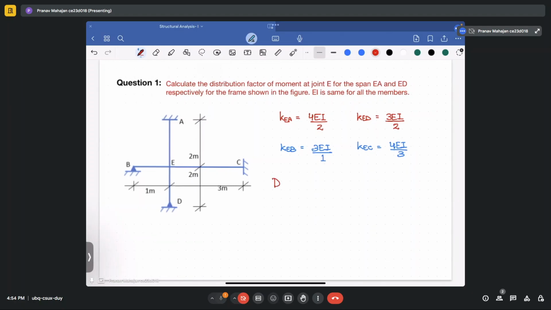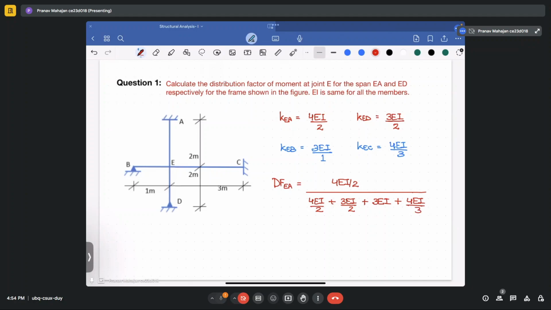So distribution factor for EA will be equal to KEA, 4EI upon 2, divided by 4EI upon 2 plus 3EI upon 2 plus 3EI upon 1, which is 3EI, then 4EI upon 3.